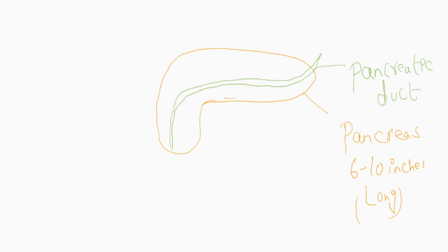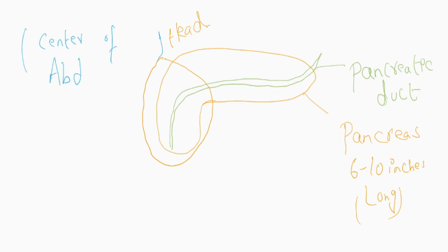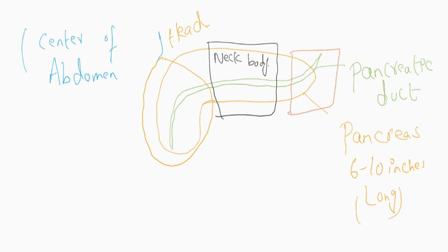The pancreas contains three parts. First part is called the head, and the head is positioned towards the center of the abdomen. The central part is known as neck or body, and the thin end which is extended to the left is known as tail.